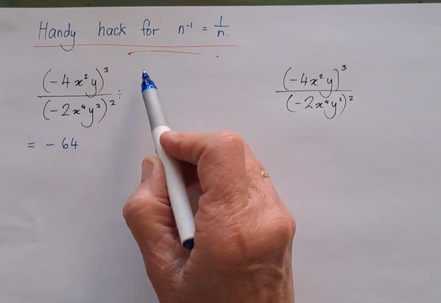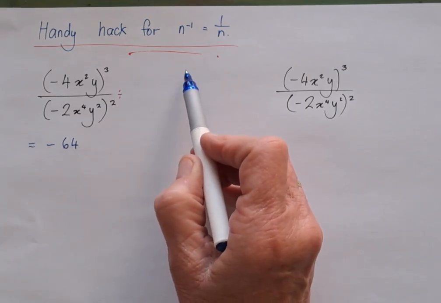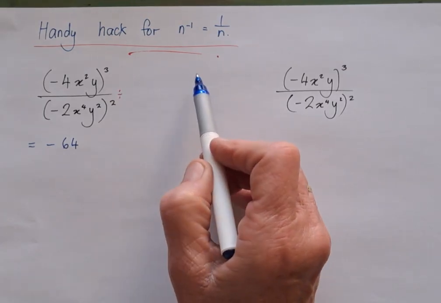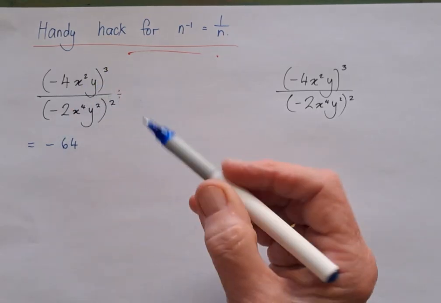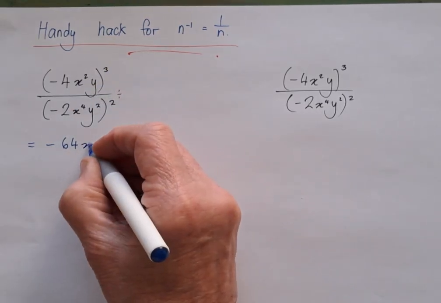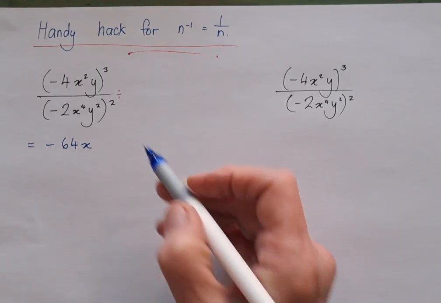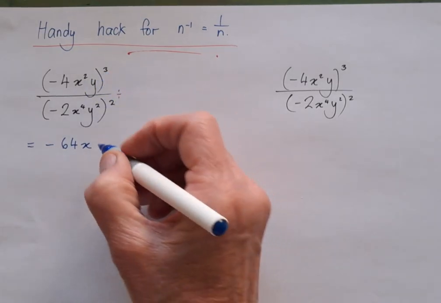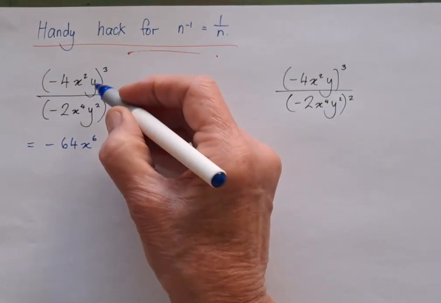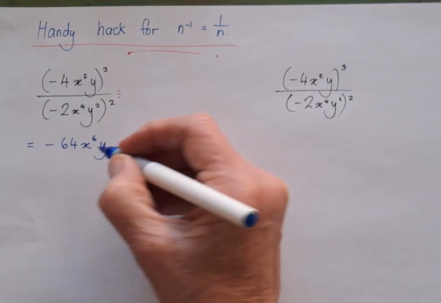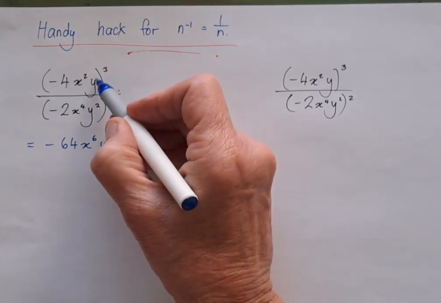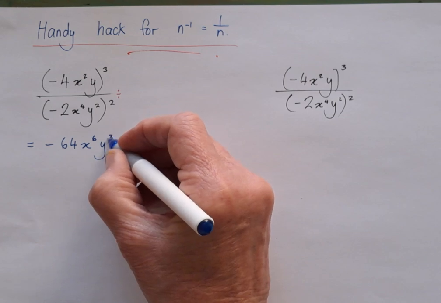It's not like x squared times x cubed, where we're multiplying powers together. This is one power raised to another power. So I keep my variable of x and I say 2 times 3 is 6. And then remember that y has got an exponent of 1, so y to the 1 times 3, which is 3.